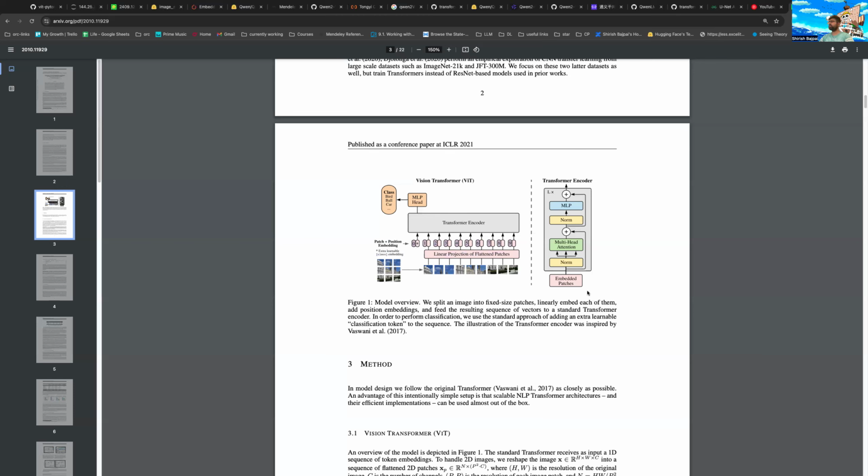And then here is the transformer architecture. There is an embedding layer, in this case the embedded patches, which is passed through normalization, then multi-headed attention.